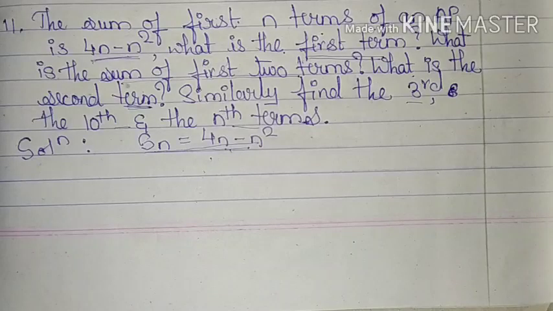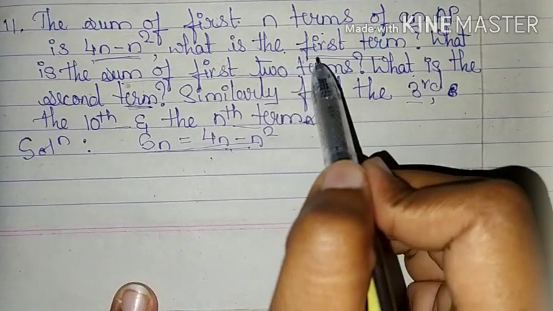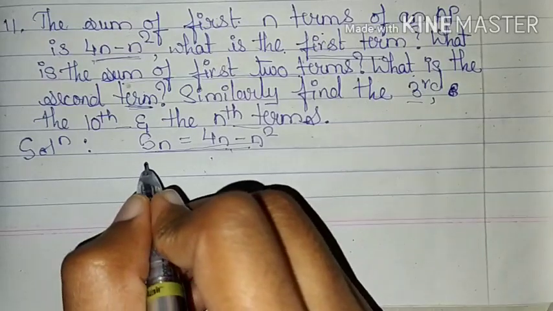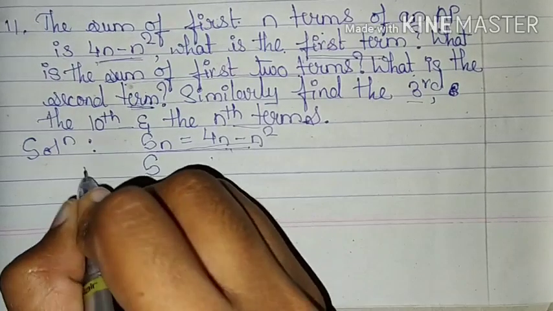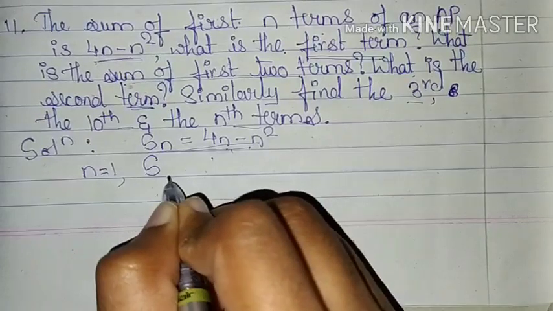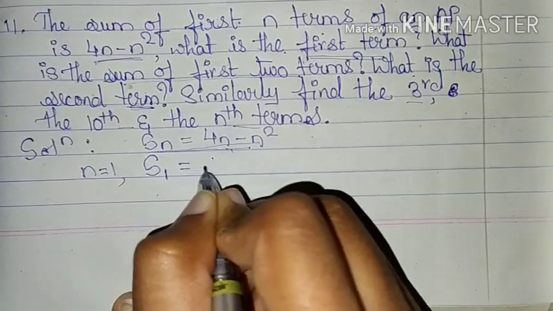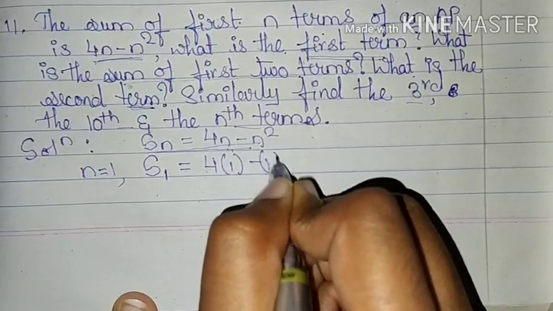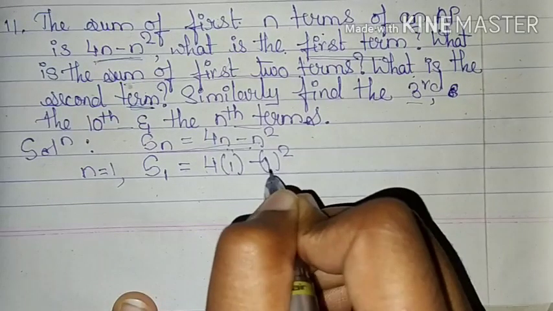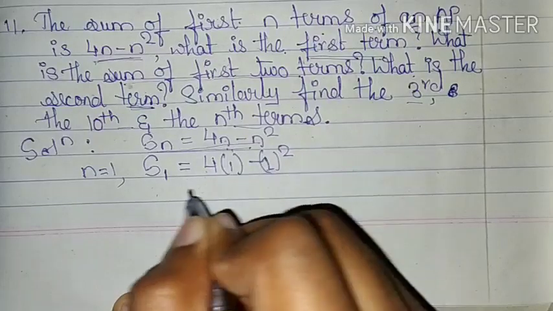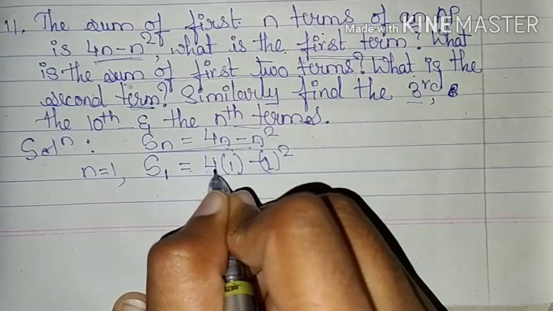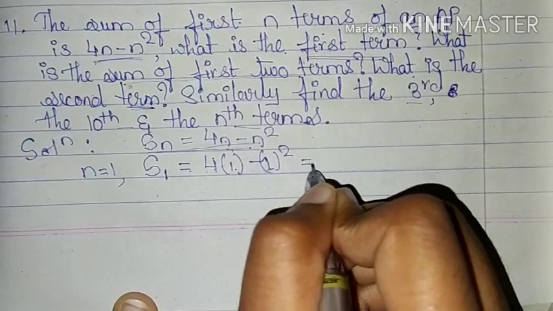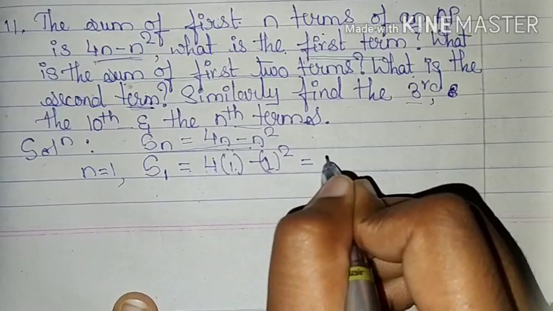Now, from what we learned just now, to find the first term, because our first question is to find the first term of our AP, when n is equal to 1, we will get S1 is equal to 4 into 1 minus 1 square. I am just putting 1 in place of n here. So S1 is equal to 4 into 1 minus 1 square, which is nothing but 3.